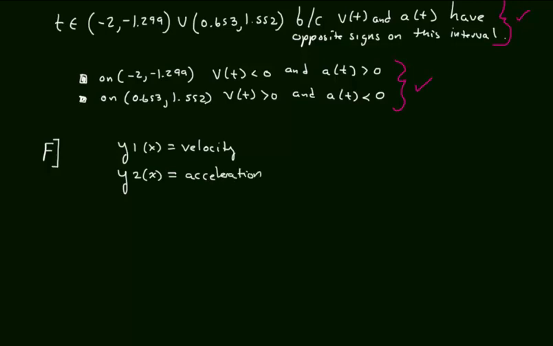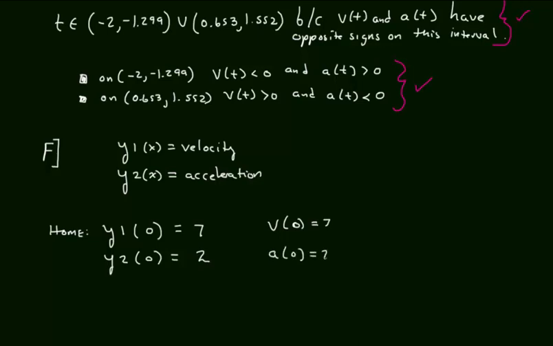So if I want to find the velocity at time 0, literally in the home screen, type in y, then type in the number 1, followed by parenthesis, and then you can type in 0, and that comes out to be 7. So v of 0 equals 7. Also in the home screen, if we say y2 of 0, it'll tell us that the answer is 2. The acceleration at 0 equals 2. For the moment, we're going to ignore the units.